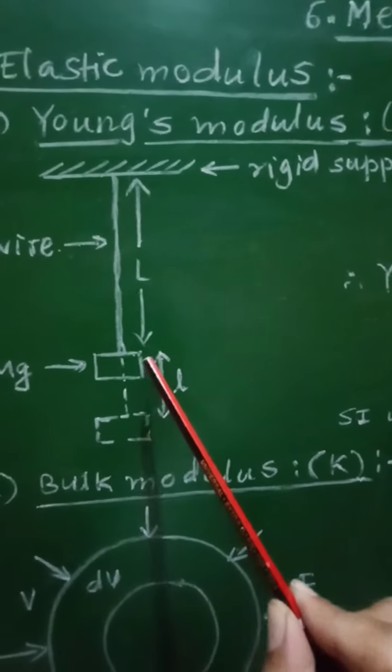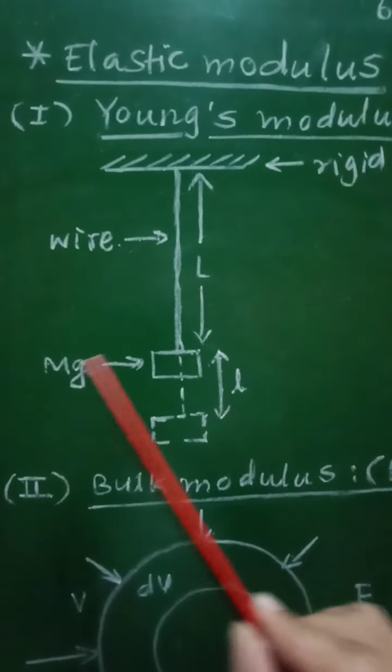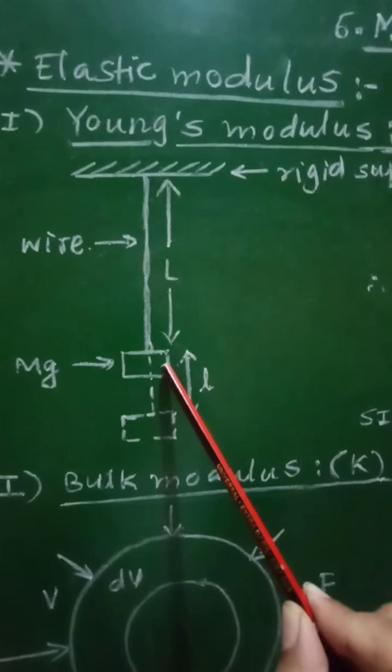At the free end of that wire, a load mg, that is weight mg, is attached.